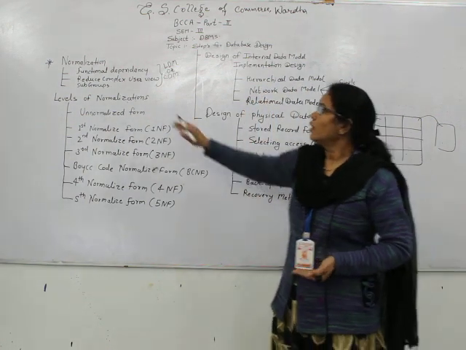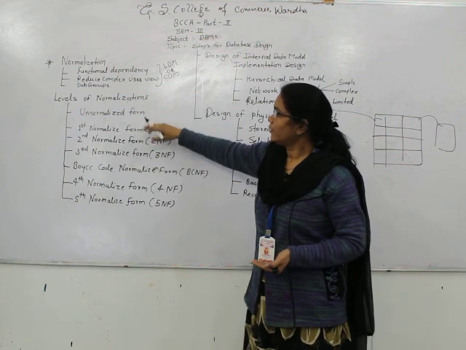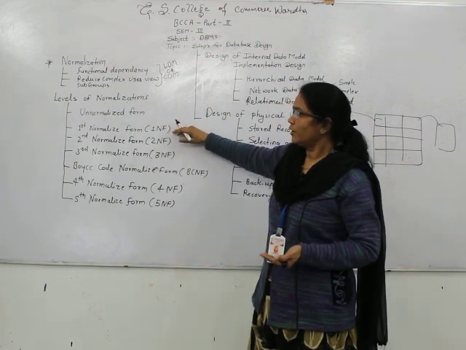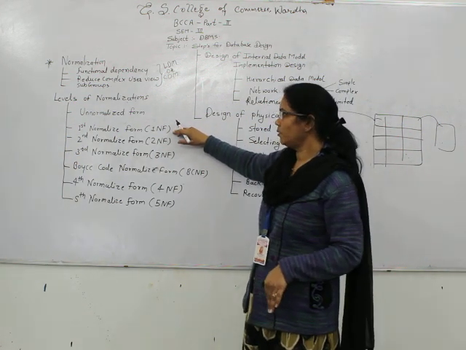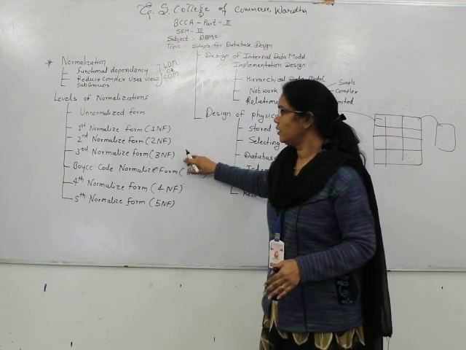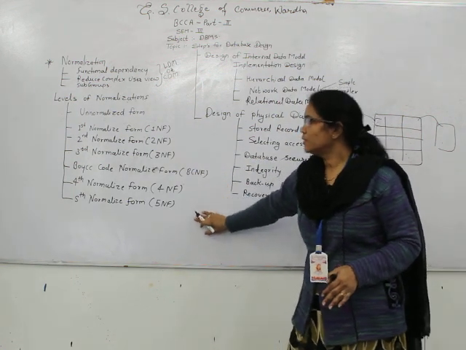So the levels of normalization: first is the unnormalized form. After that we remove or reduce dependencies, and it is called the first normal form, then second, third, then Boyce-Codd, then fourth normal form and fifth.